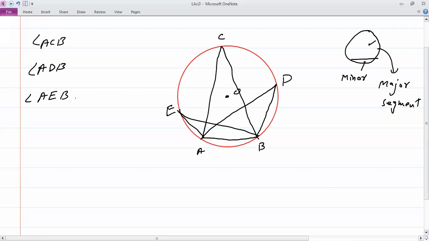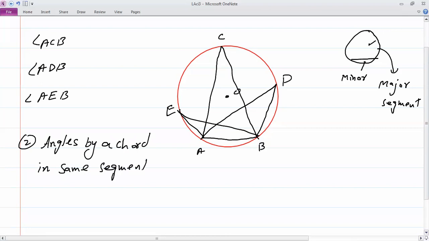So the second rule says that if one chord is making many angles in the same segment, they will be equal. Angles made by a chord in the same segment are equal.